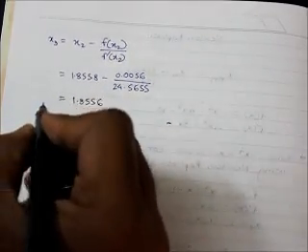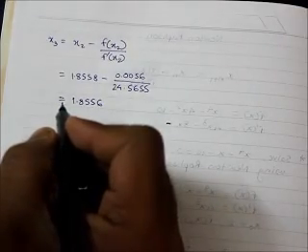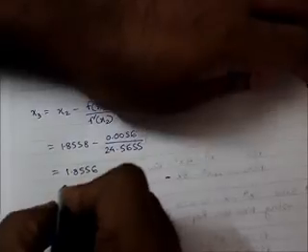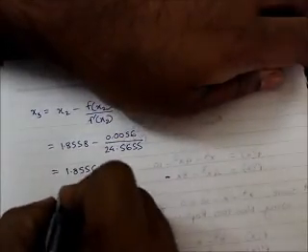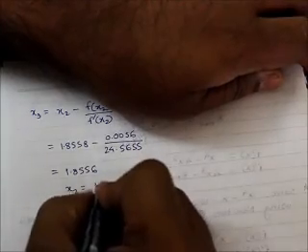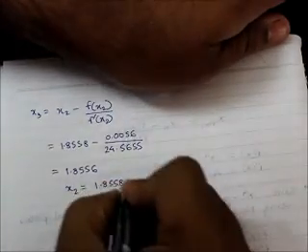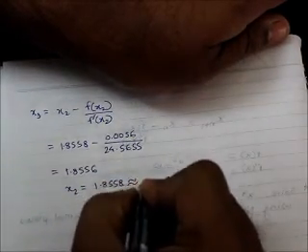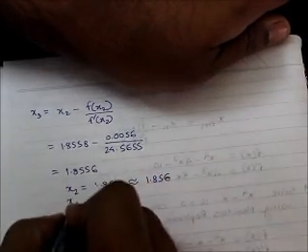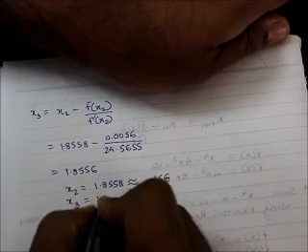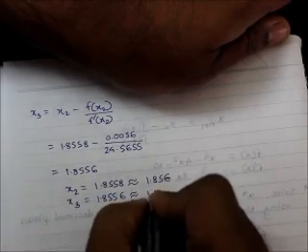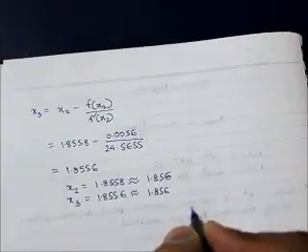Okay, right, so take a look at this value. X2 is equal to 1.8558, 1.856. X3 is equal to 1.8556, approximately equal to 1.856, right?